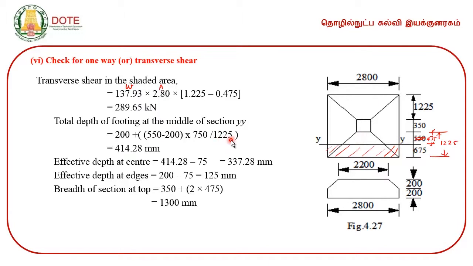Now, the total depth of the footing at the middle of the section from the geometry is found to be the flat 200 plus this depth. So, this depth is not again 200, this is to be corrected here.